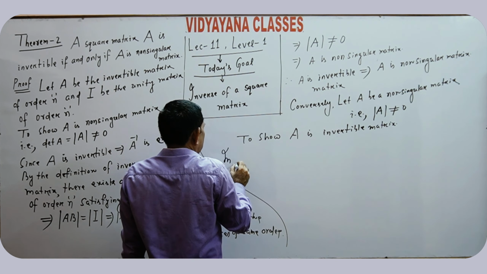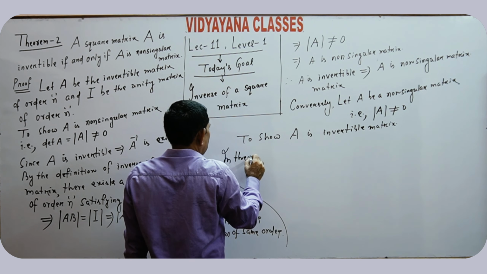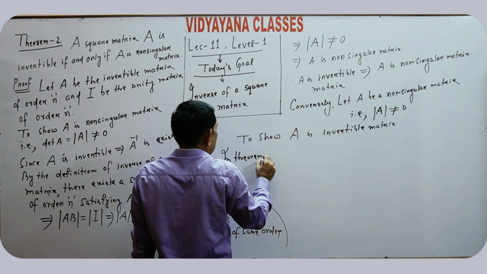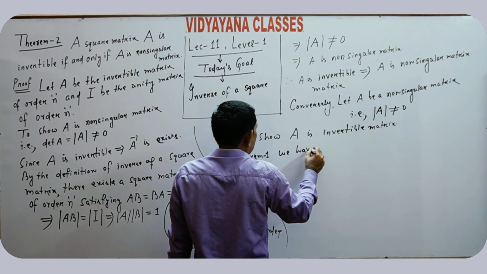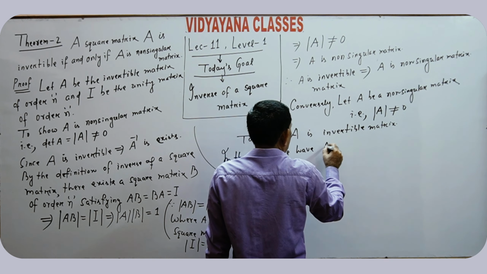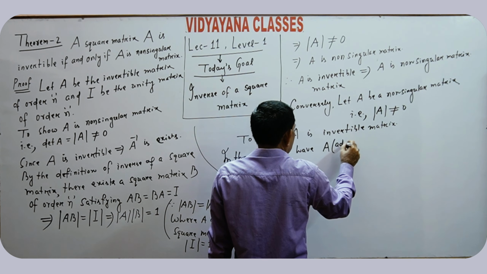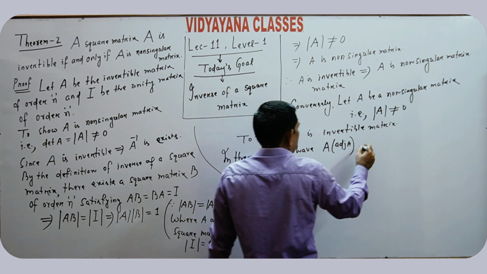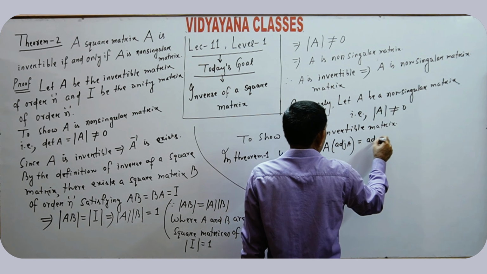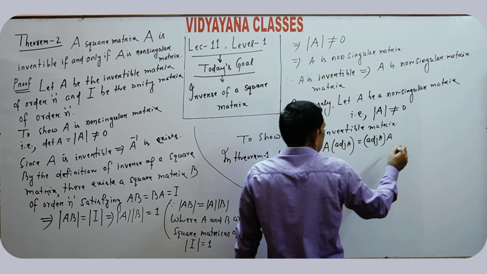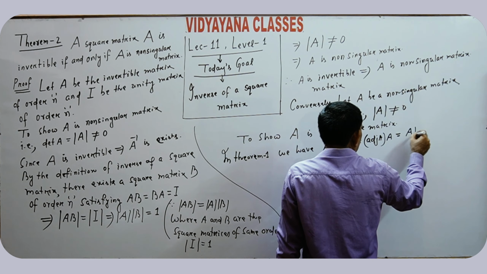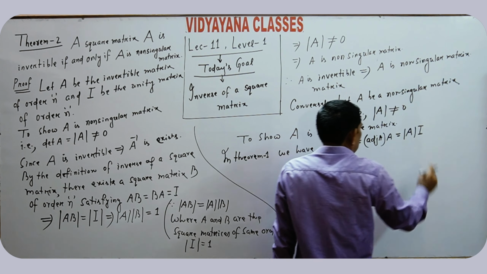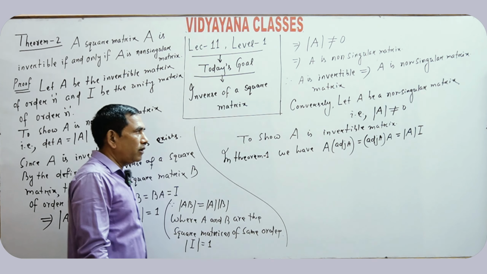In theorem 1, we have A into Rj is equal to Rj into A is equal to determinant of A into I, the unit matrix or identity matrix.